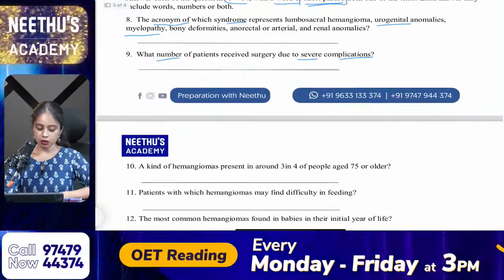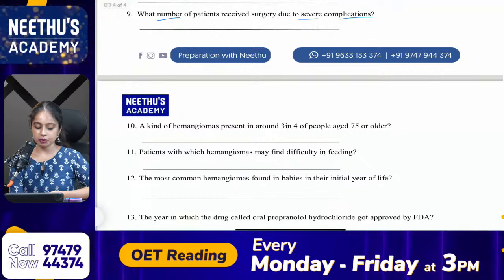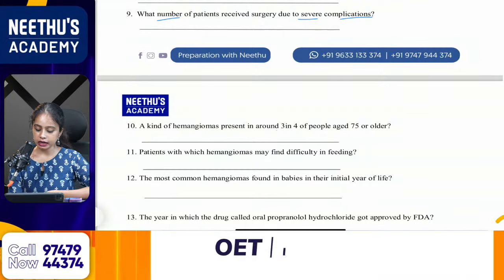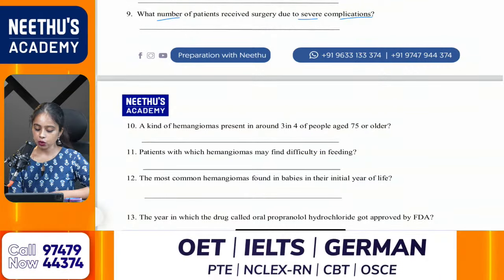Then 10th one. A kind of hemangioma present in around 3 in 4 of people aged 75 or older.